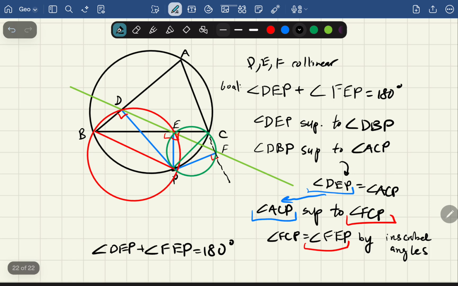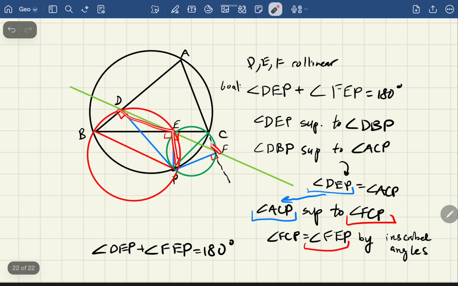So their sum is 180, in other words, and that's exactly what we wanted to prove, right? That DEP plus FEP is 180, meaning this is the straight line, and we are done.